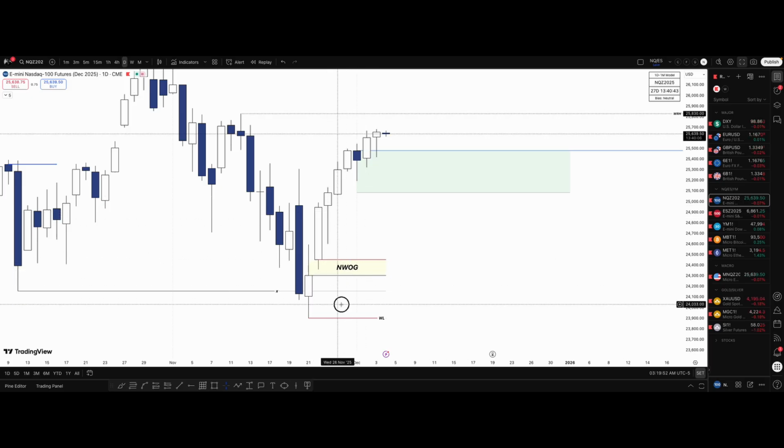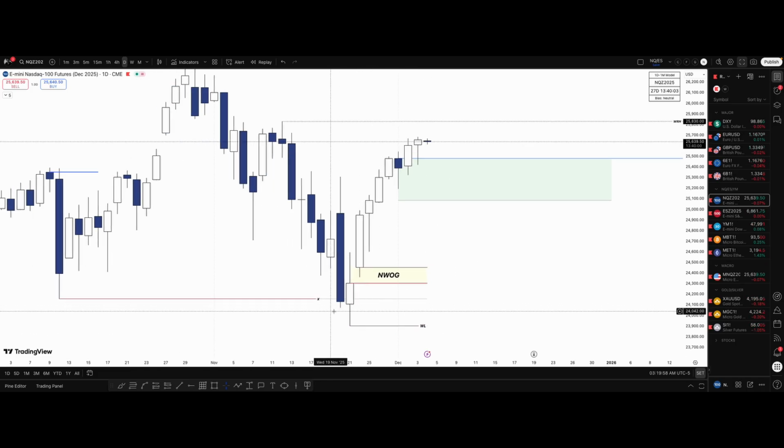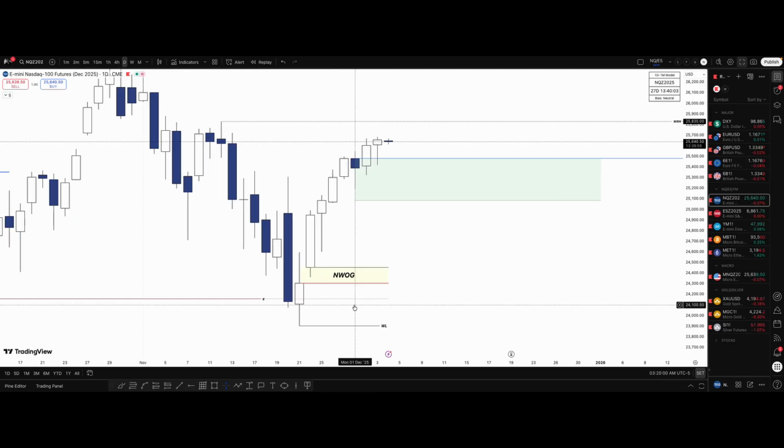All right, so before we look at this weekly low, what do we need to keep in account? We need to keep in account that the price closed below this candle, right?